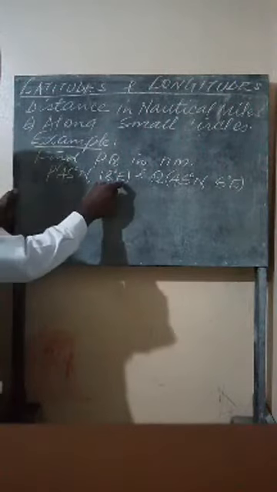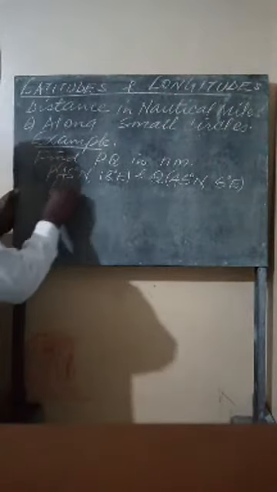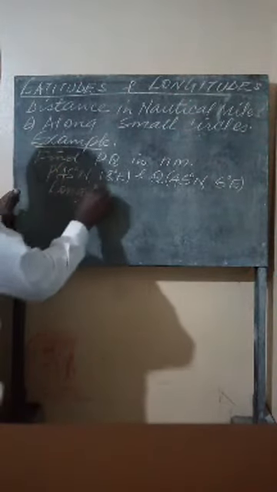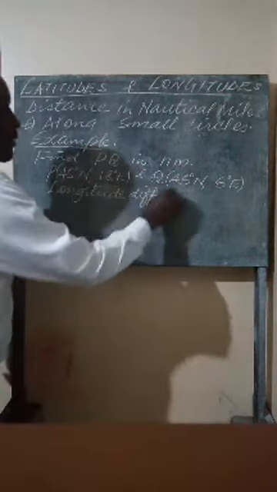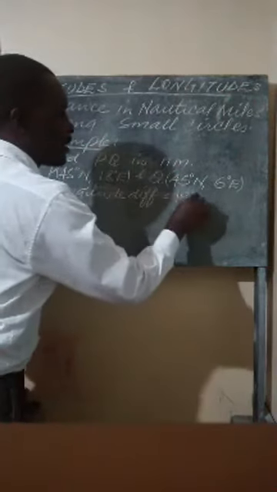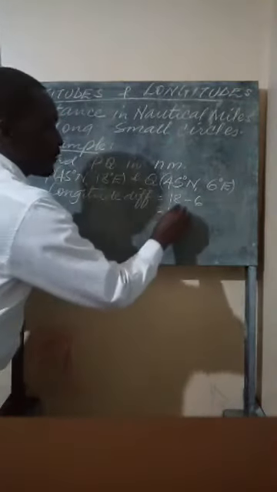And we say that when they lie on the same side, we will subtract. So the longitude difference in this case will be 18 minus 6 because they lie on the same side, and that gives us 12 degrees.